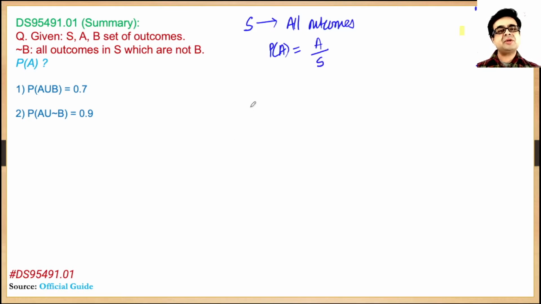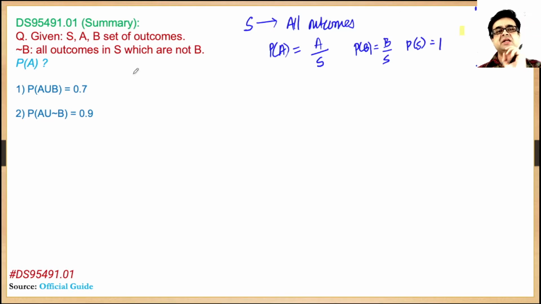What would be the probability of B? Very similar. Probability of B would be the total number of elements in B divided by the total number of outcomes in set S. What would be the probability of S? Probability of S would be favorable outcomes, which is the total number of outcomes in S, divided by the total number of items in S, which is S itself, so that would be 1.